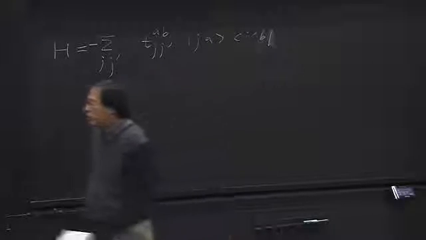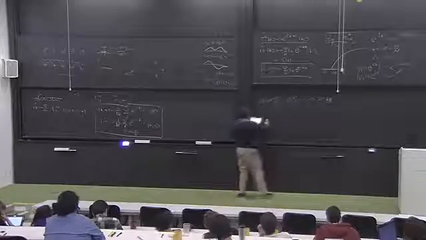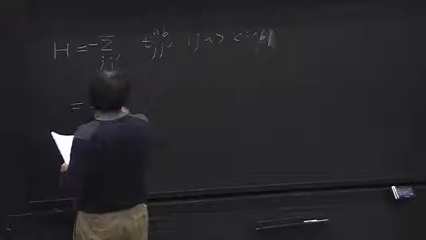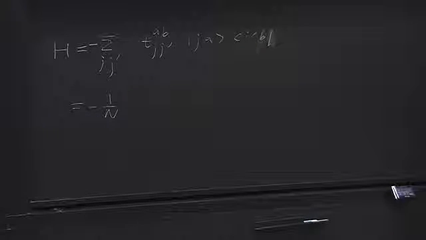What you do is pretty simple. We just plug this in. It's very messy, certainly. There's a minus sign. There's a factor 1 over N squared from the two transformations, which gives us 1 over N.